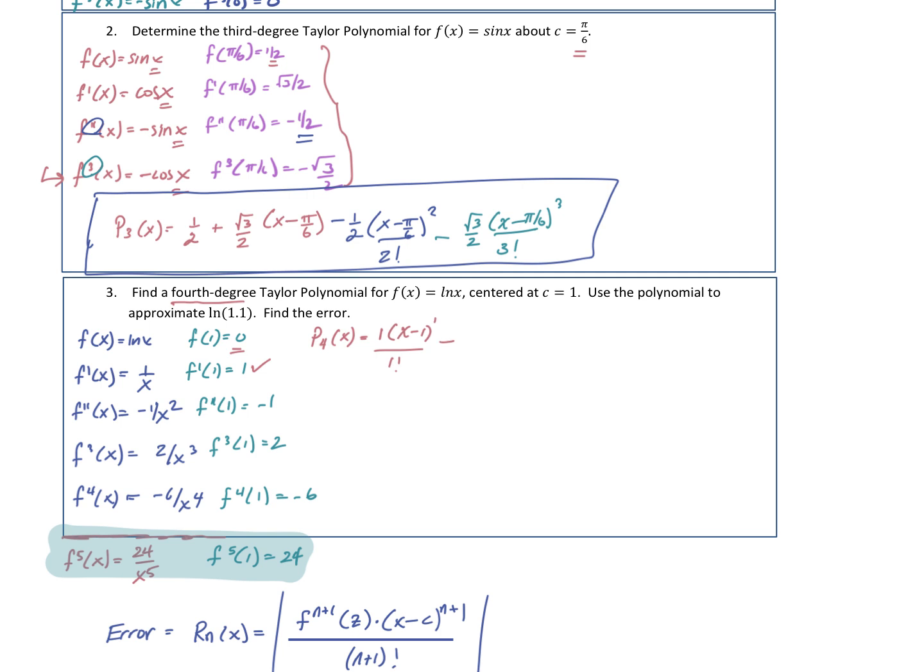Now we get minus 1, x minus 1 squared over 2 factorial, plus 2, x minus 1 cubed over 3 factorial, and then minus 6, x minus 1 to the 4th over 4 factorial. So that's my 4th degree Taylor polynomial.